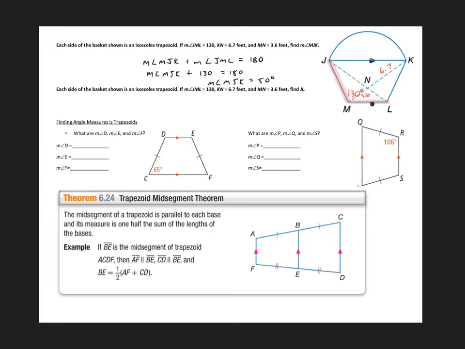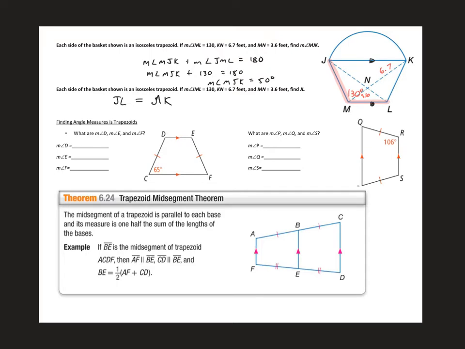It says each side of the basket is an isosceles trapezoid. If JML is equal to 130 and KN is equal to 6.7 and MN is 3.6, we need to find the length of diagonal JL. Well, because this is isosceles, we know that the length of segment JL is equal to the length of segment MK.